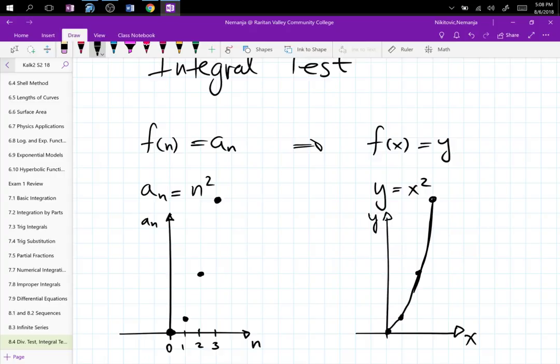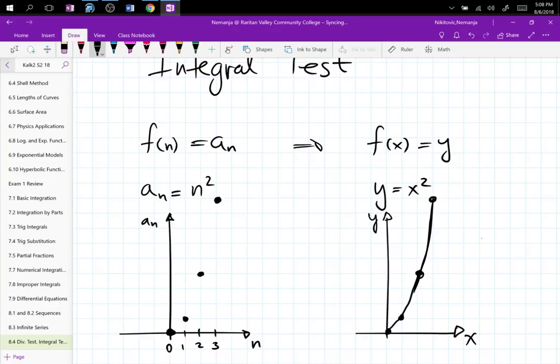Now, you want to know whether it's convergent or divergent. So what you do is you say, okay, I can make, hopefully, the one-to-one correspondence between our discrete function a_n and our function f of x. Technically, what you are doing is just filling in the blanks in between these.